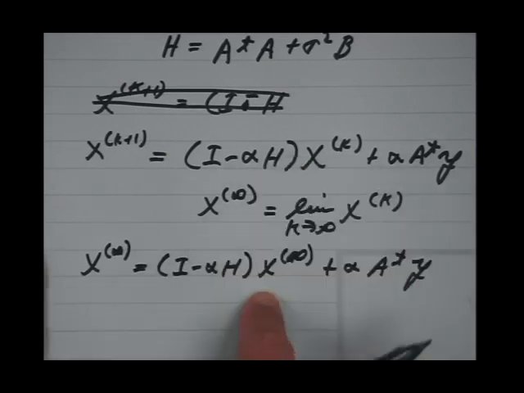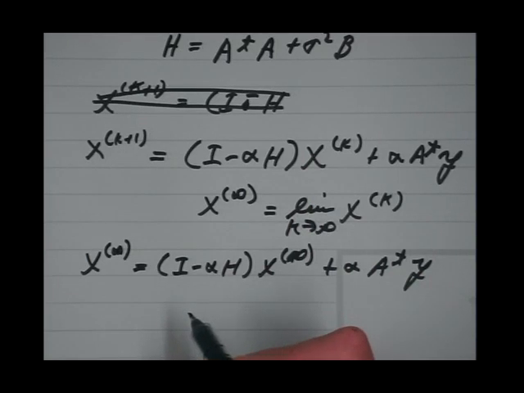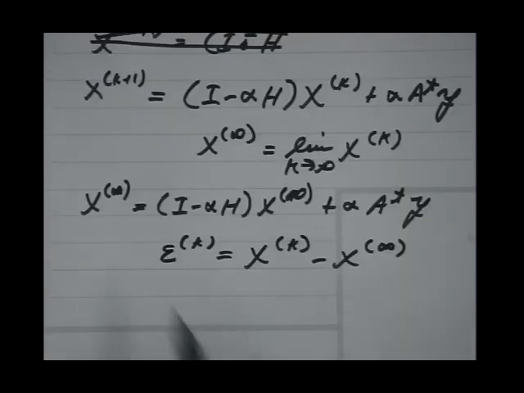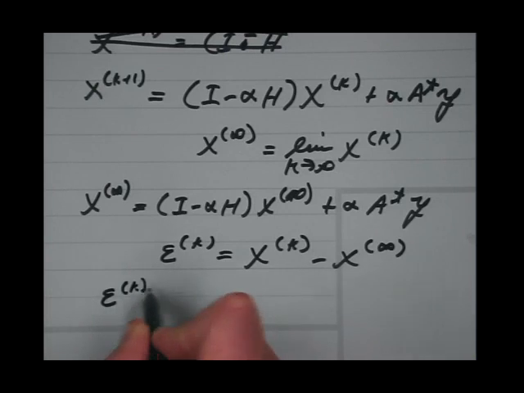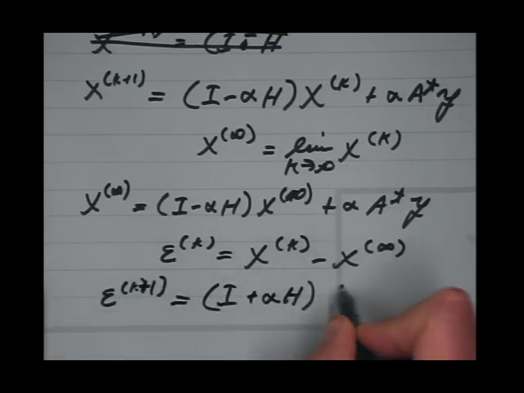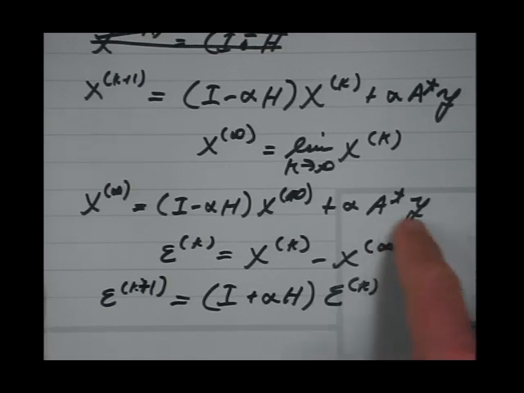Now, if I subtract these two equations, I want to make sure I use the same definitions here so I don't confuse you as I have in my notes. If I define epsilon_k as the error, and say that's going to be x_k minus x infinity, what does that mean? It means that epsilon_{k+1} is going to be equal to (I minus alpha H) times epsilon_k. And this constant term subtracts out, so it'll be plus 0.